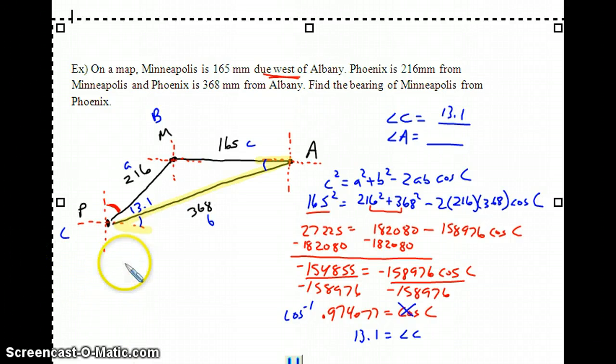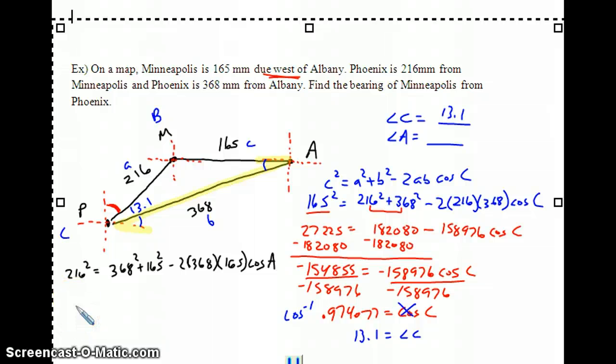Finding angle A now, we would use this formula, where A is on the outside and we're finding cosine of A. So 216 squared equals B squared plus C squared minus 2 times B times C cosine of A. When we solve this, we figure out what 216 squared is, and we can figure out these two together. 368 squared plus 165 squared gives me 162,649.